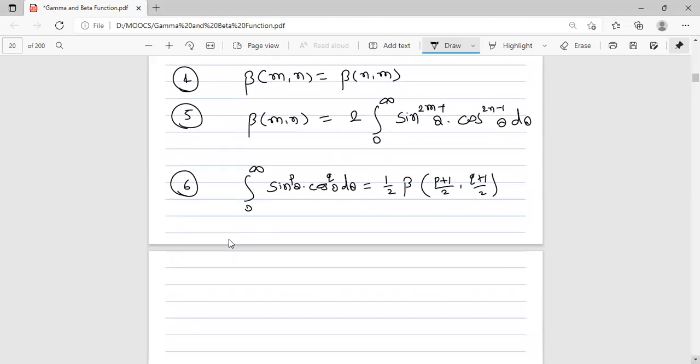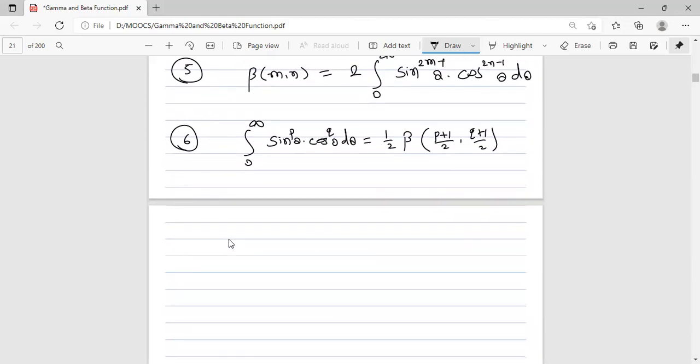But suppose I have this integration. I will write the integration from 0 to 1 of x square into 1 minus x cube dx. We can write this integration as per our definition of the beta function, x raised to the power m minus 1 into 1 minus x raised to the power n minus 1.